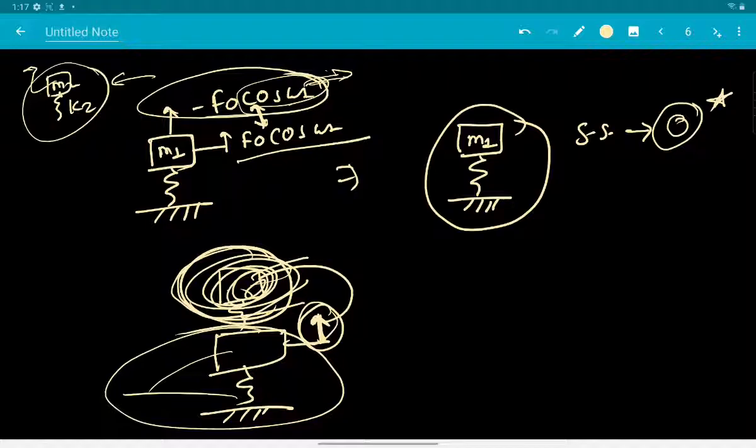You need something else along with that. This absorber will act only for a single frequency: it shows absorber behavior only when the external frequency omega is equal to omega a. For any other choice of omega, it will not absorb the energy of mass number 1, and mass number 1 will also perform motion.